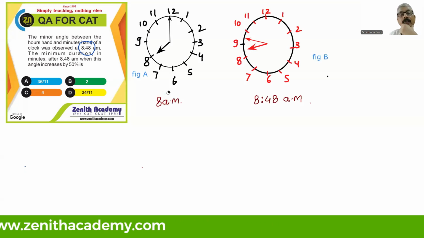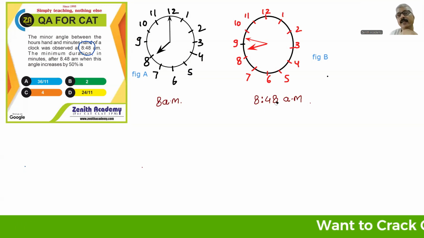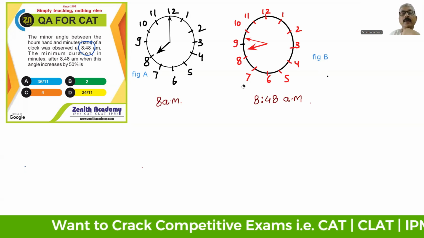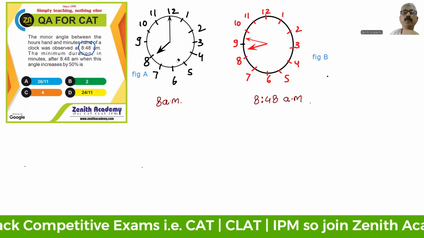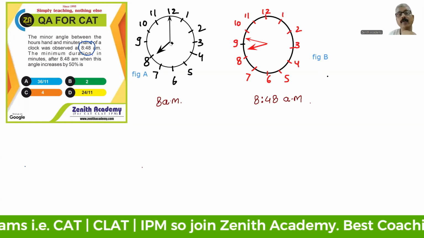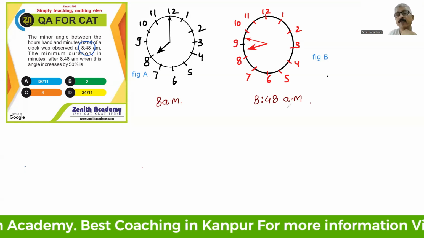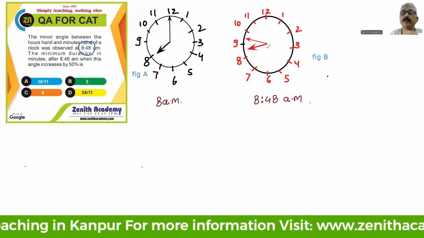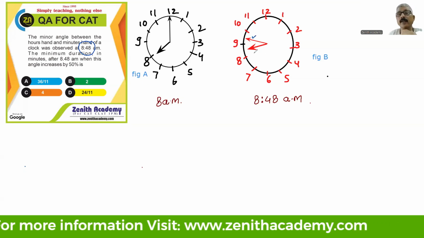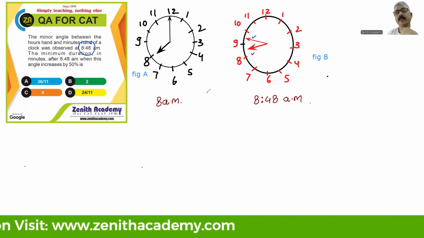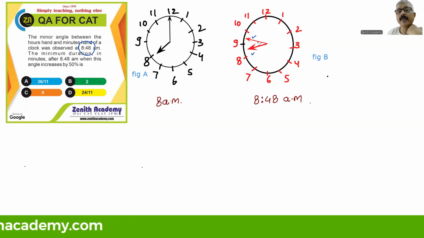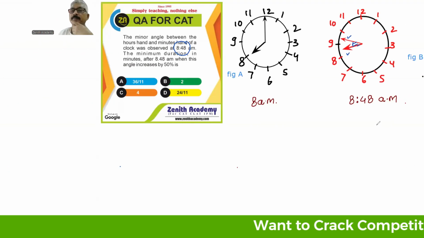So look here, like this in figure A, the time is 8, and here in this figure B, the time is 8:48 a.m. When the time is 8, the minute hand position is at figure 12 and hour hand position at figure 8, and when the time is 8:48 a.m., then this is the position of a minute hand and this is the position of an hour hand. Correct? So first you have to find the angle between minute hand and hour hand when the time is 8:48 a.m.